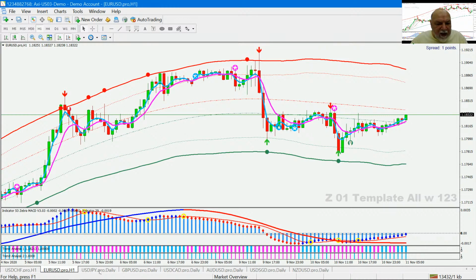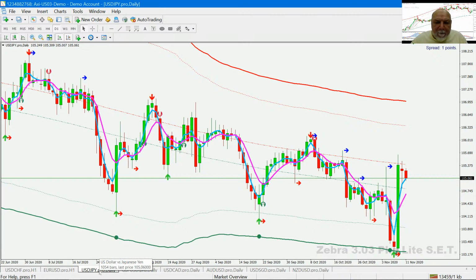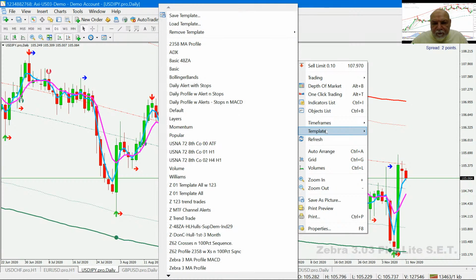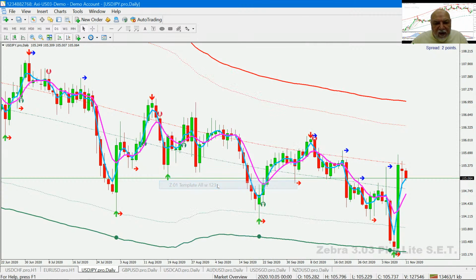Let's go ahead and take a look at the yen. Okay, so here's the yen, and let me go ahead and change my template. All right, so I'm going to be looking at the Z01 template that has basically everything that I'm interested in looking at.